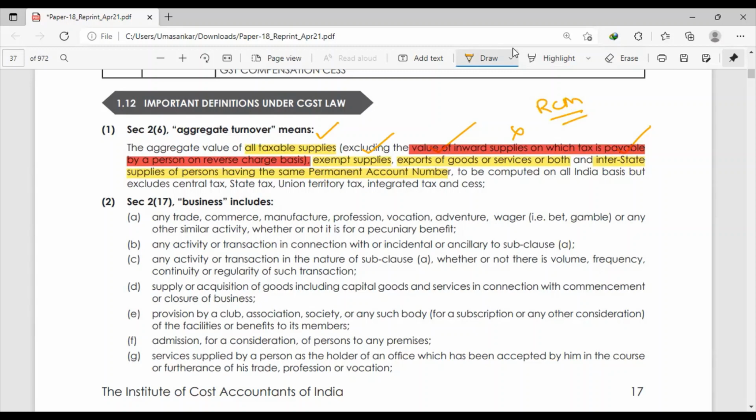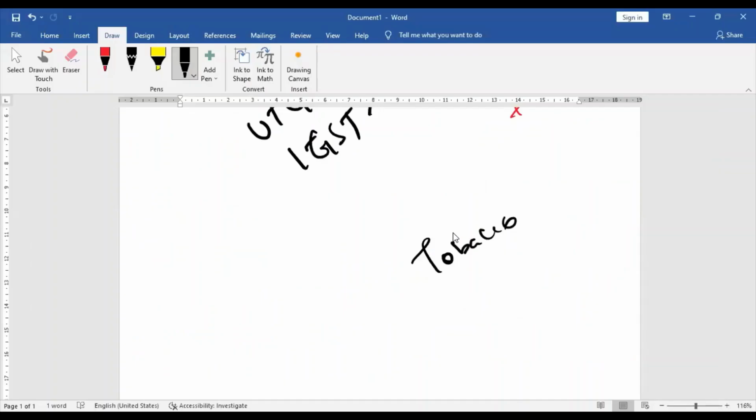For a better understanding, I will just give an example of what is RCM. Normally, when a dealer supplies to a buyer, GST is paid by the supplier. This is forward charge.